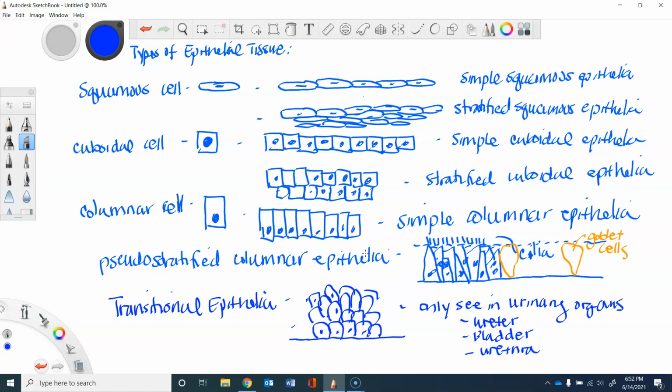And you'll need to be able to describe them and know where they are. One thing I would like to say about stratified squamous epithelia. So stratified squamous epithelia, this is the layered squamous cells. These are going to come in two flavors: keratinized and non-keratinized.